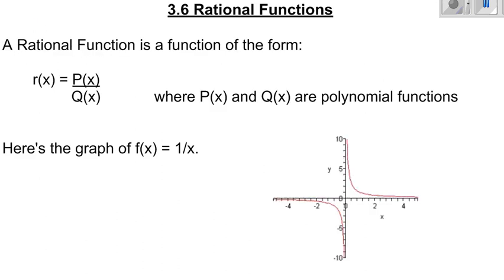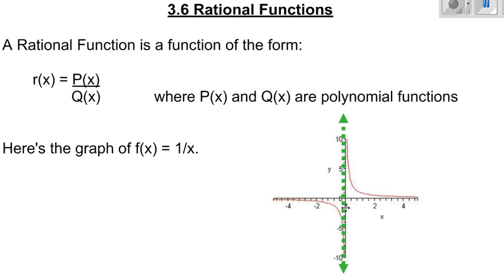So for this graph, an asymptote is just like a line, a vertical line or a horizontal line, depending on the asymptote. And it's just an imaginary line that the graph approaches but doesn't touch. So here we have a vertical asymptote because as x gets closer to it, y goes to infinity.